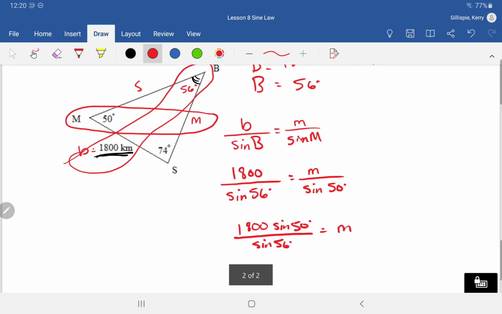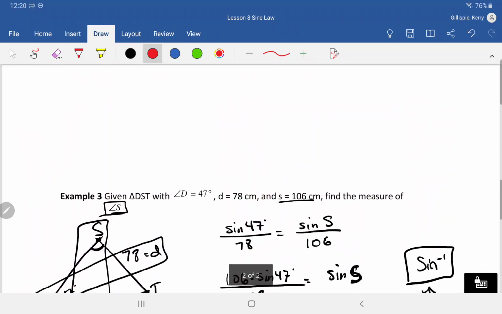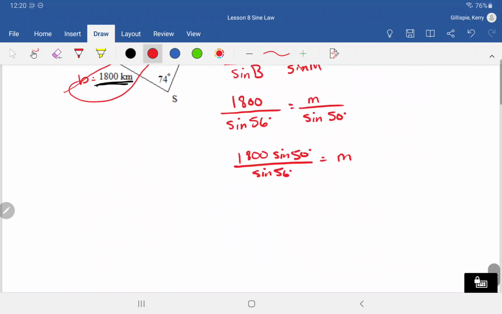And that leaves m alone. So 1,800 times the sine of 50 divided by the sine of 56. 1,663.2 equals m.